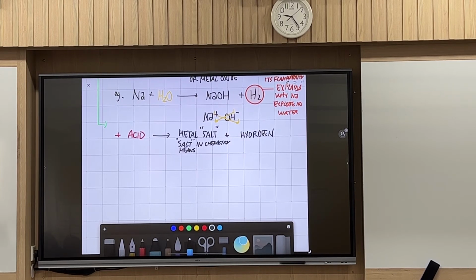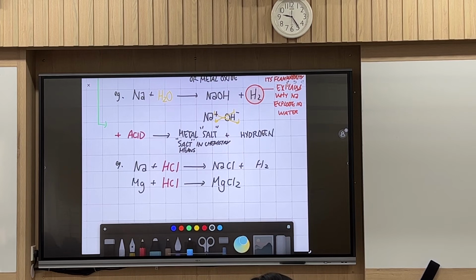Depending on what metal you react with acid, you may not get table salt. If you use sodium to react with the acid in your stomach, hydrochloric acid, then yes, you get table salt. But if you use other metals like magnesium to react with hydrochloric acid, you will not get table salt. You get another salt, magnesium chloride.